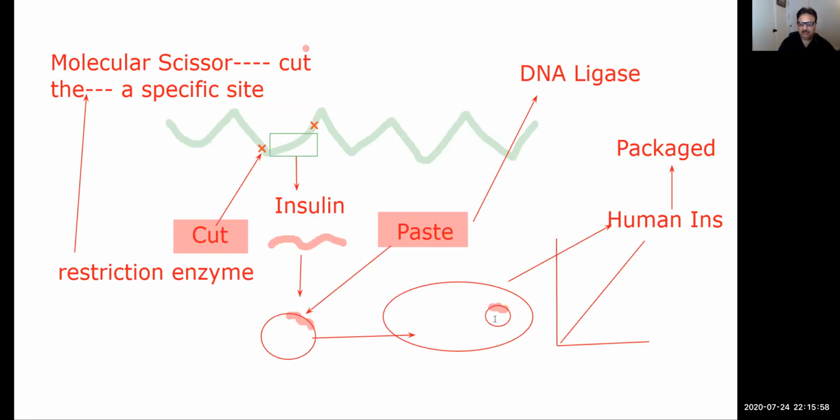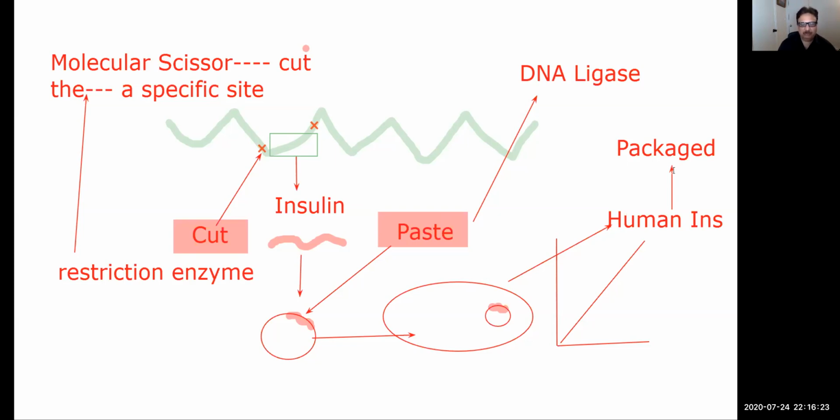This plasmid is inserted into the bacterial cell, and as bacterial cells divide, human insulin is produced that can be packaged and delivered to a clinic or pharmacy. So this is the basic process, and this is doable. There are many companies thriving on producing not only insulin, but flu vaccines, many other vaccines, and growth hormones through this strategy.